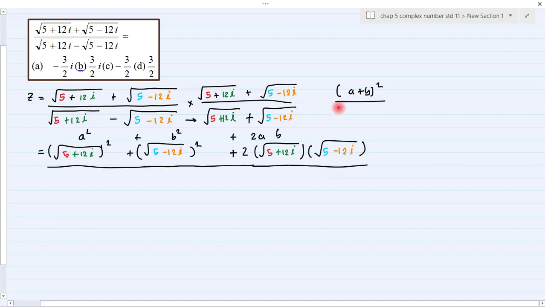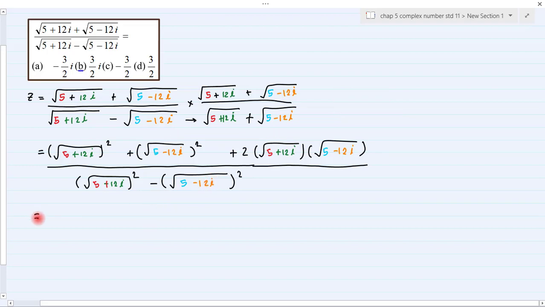And in the denominator we have (a−b) and (a+b), which will be simplified as a square minus b square. So we will get the square of a, which is √(5+12i), minus the square of b, which is √(5−12i).